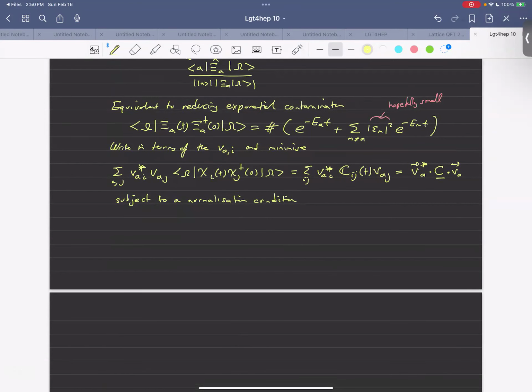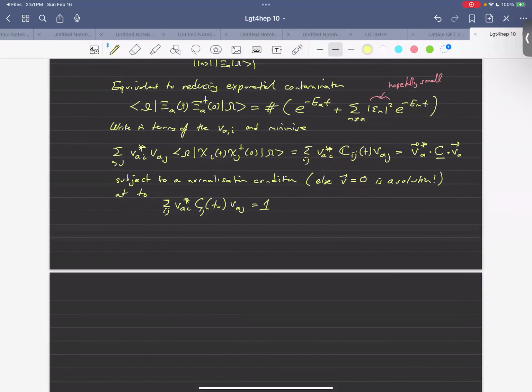And so our normalization condition is going to be at some t0, so this is about some fixed t0. And so we can add that as a Lagrange multiplier.